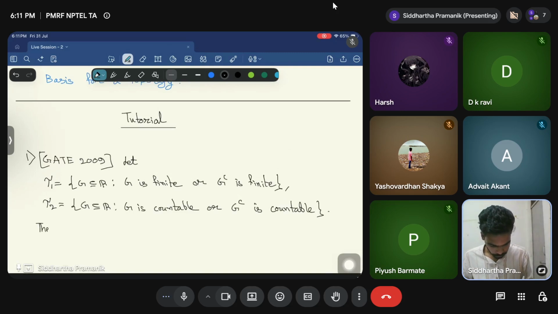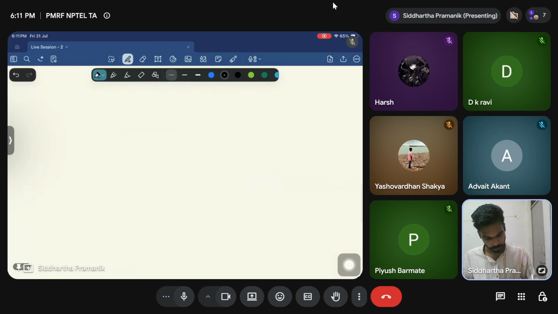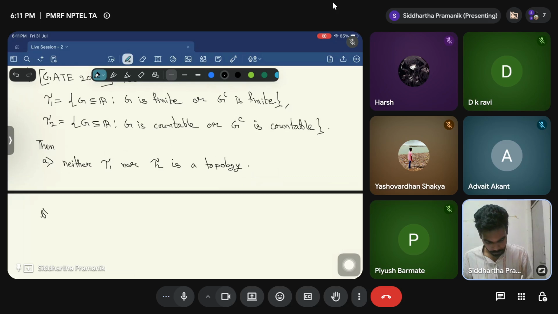The first option is that neither tau 1 nor tau 2 is a topology. The second option is that tau 1 is a topology but tau 2 is not.